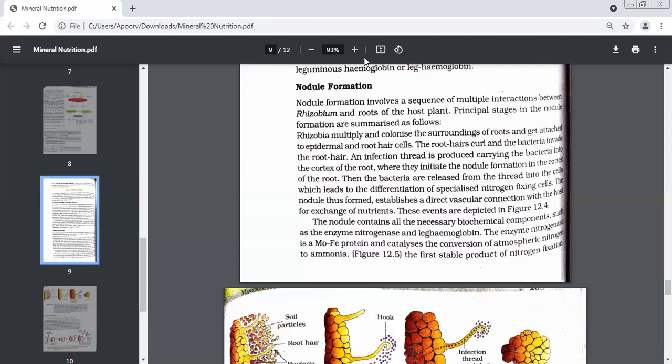Yes. The root hair gets curled in shape. Very good. And then now the bacteria will start entering. What was the third step? What was it called? Infection thread. Very good. Infection thread. Because it is going to go and cause infection inside, infection thread.